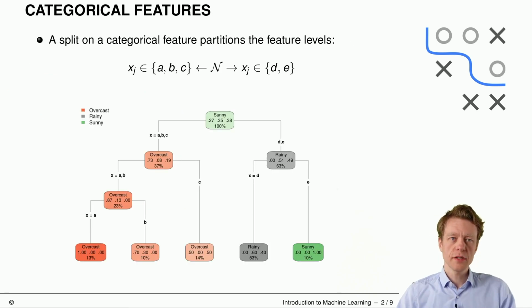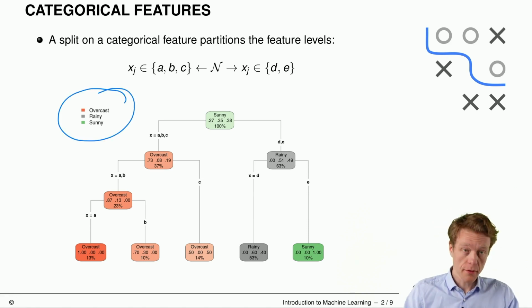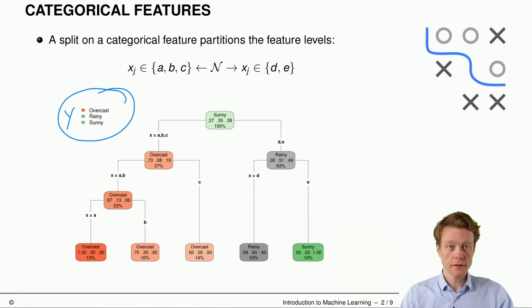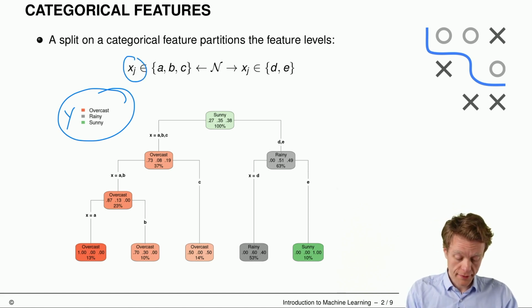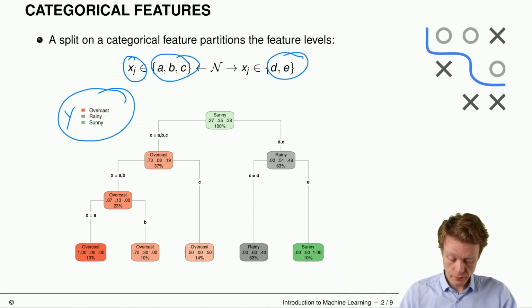Let's think a little bit about categorical features. We have here an example of a 3-class classification. So the target is either overcast, rainy, or sunny. We have 3 classes, classification. And we have one categorical feature xj, which has classes a, b, c, d, and e. Let's say we have just this one categorical feature and no other features.